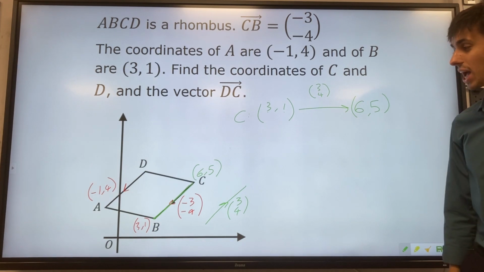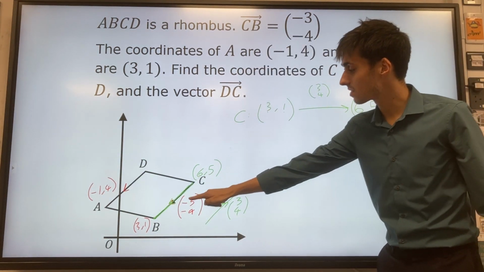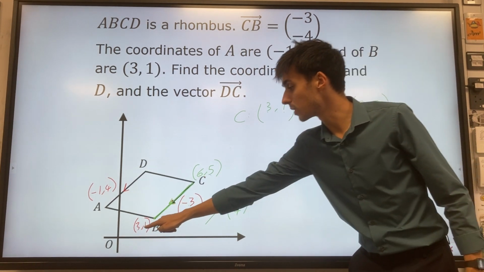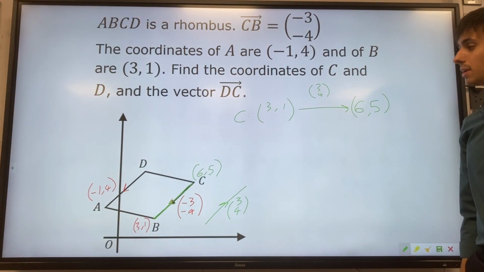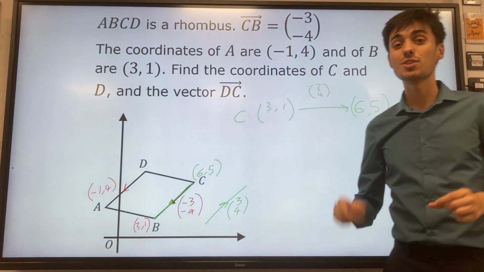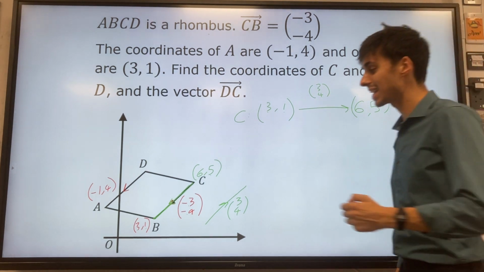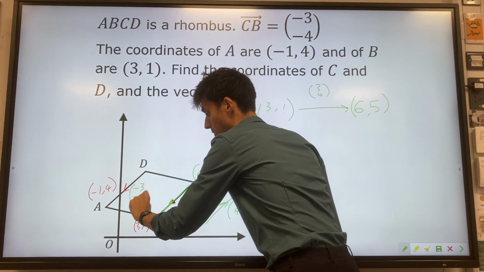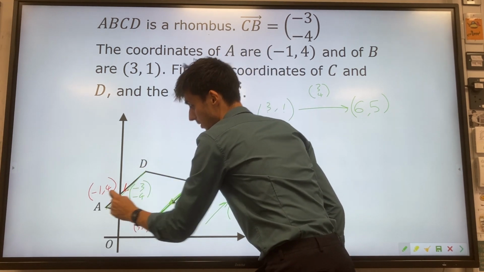Again, this works. You can check going the other way. If we wanted to look back this way, well, 6 take away 3 is 3, 5 take away 4 is 1. That seems to work. Our next step, think about rhombuses. They're just like parallelograms. The opposite sides must be identical vectors. So let's again add on -3, -4, because we know if this side is -3, -4, this side must be as well.